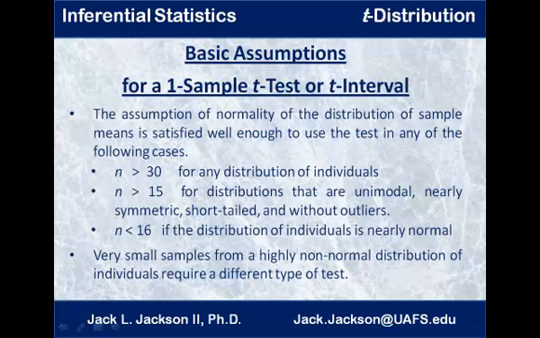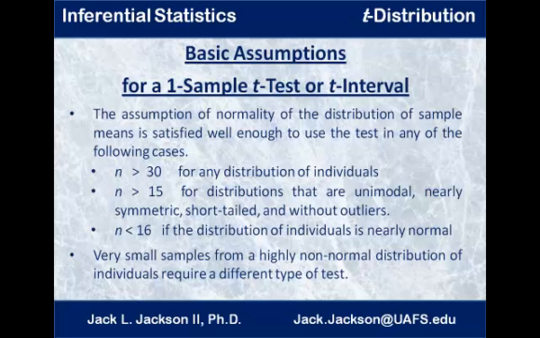Now, by the way, this assumption of normality for the distribution of sample means is a very important one, but it is satisfied well enough to use the test in any of the following cases. If the sample size is large, that is, it's over 30, this works no matter what the distribution of individuals is. Remember this from the central limit theorem.